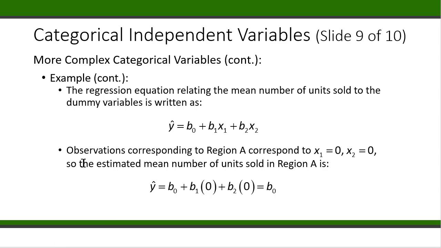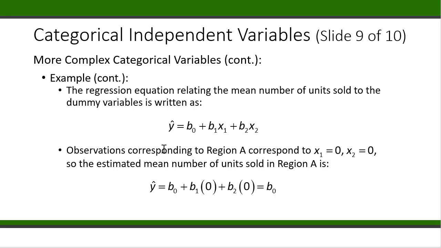So this is how this works, and this doesn't have anything to do with the previous example. So let's say our regression equation relating the mean number of units sold to the dummy variables is written as this. Remember, we're just saying we want to predict units sold by what region they're in.